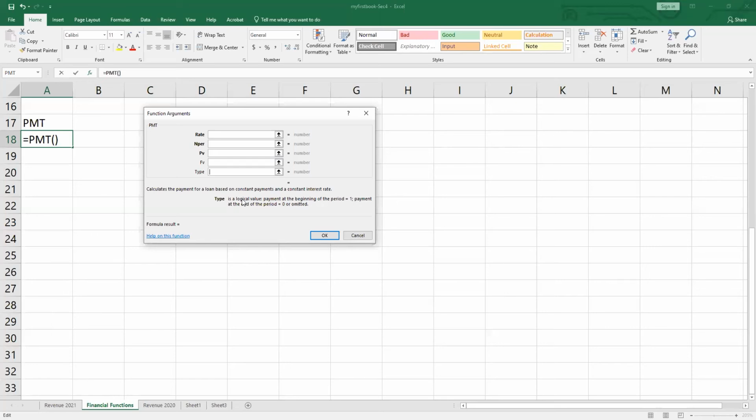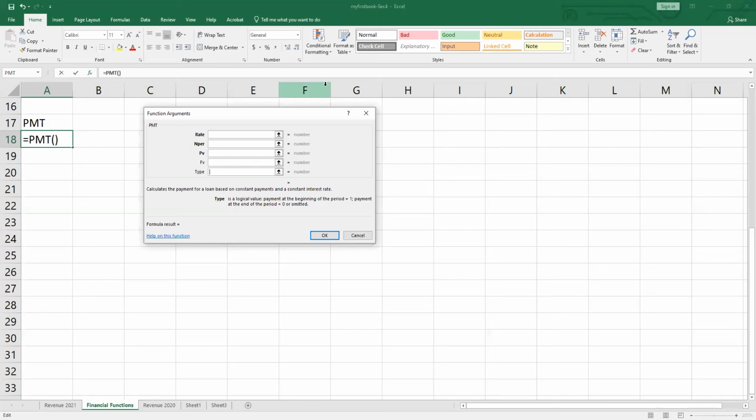In this one the logical value here they use 1 or 0. What does it mean? If you use 1, that means the payment is made at the end of the period. 0, I'm sorry, I just put the wrong one, let me switch it.